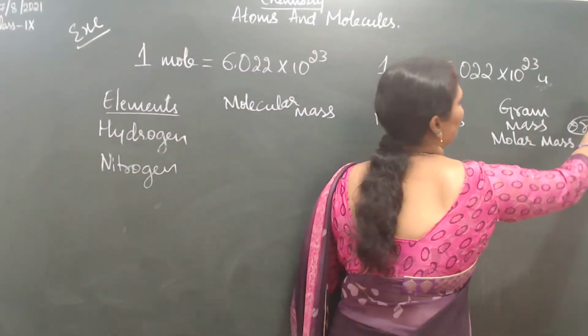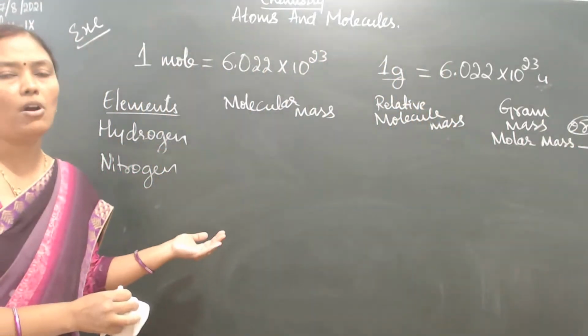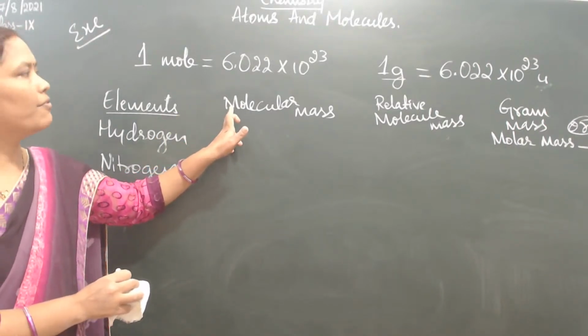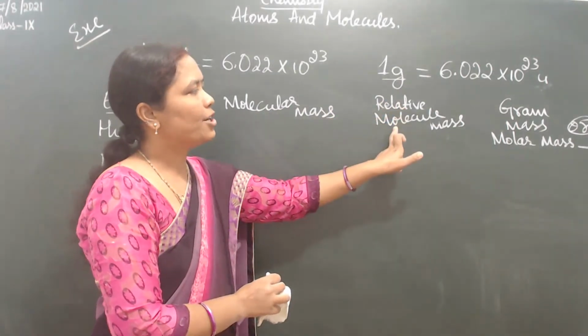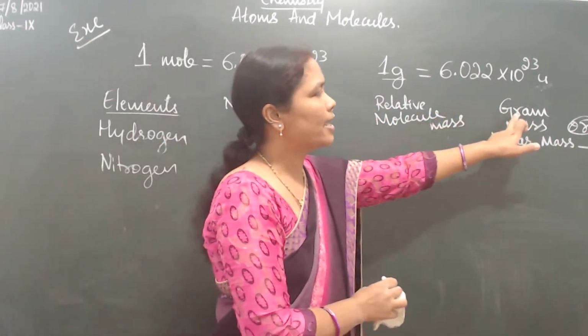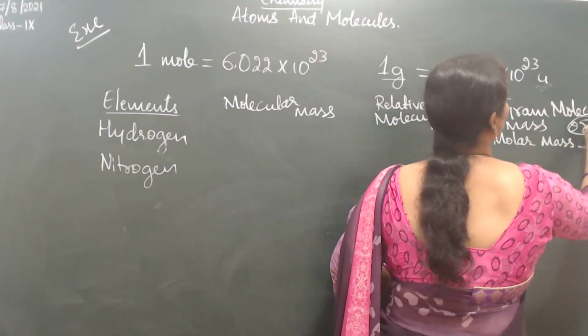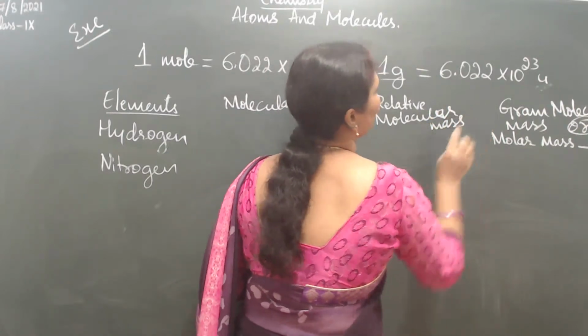The thing you have to remember is whether we are talking about the atom or the molecule. Here we are talking about the molecule, so we have to write the molecular mass, and this one is the relative molecular mass, and the next is the gram molecular mass.